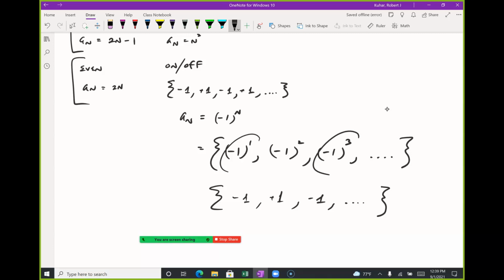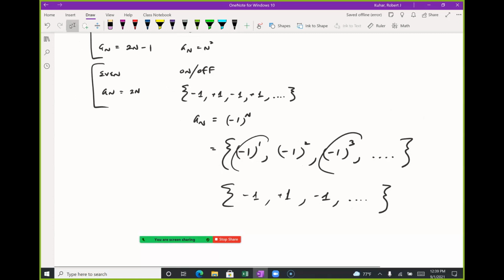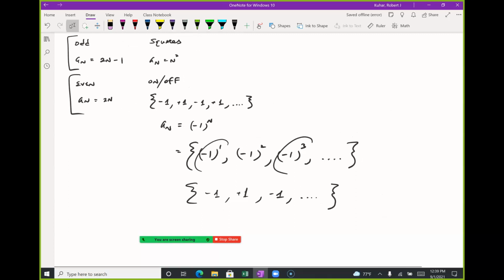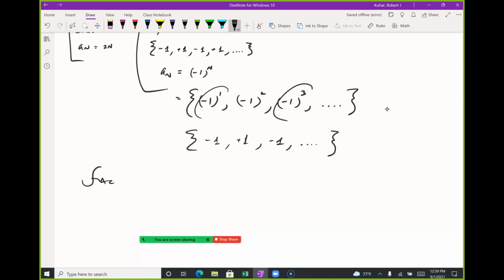So these are a few of the special ones. Factorial is a special one. Factorial you might not have seen before. So a sub n is n factorial, and that is 1 factorial, 2 factorial, 3 factorial, dot, dot, dot.